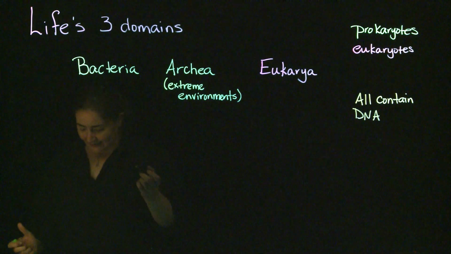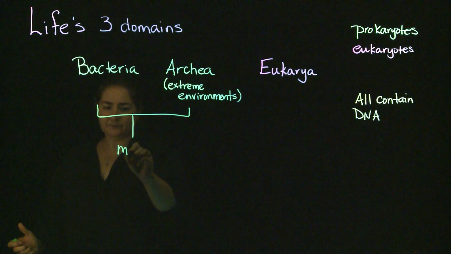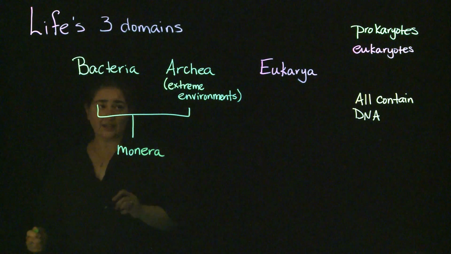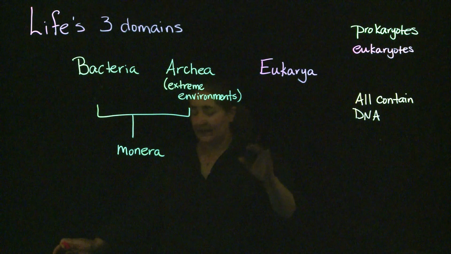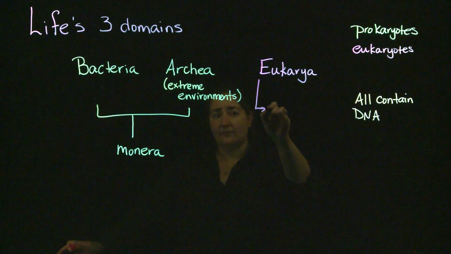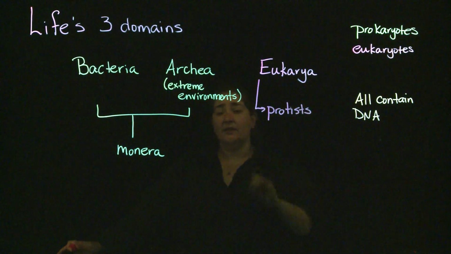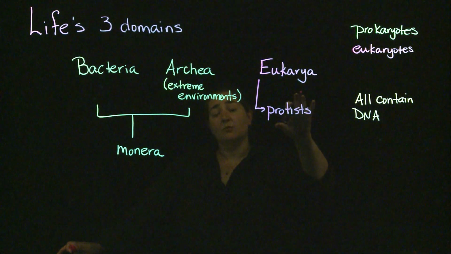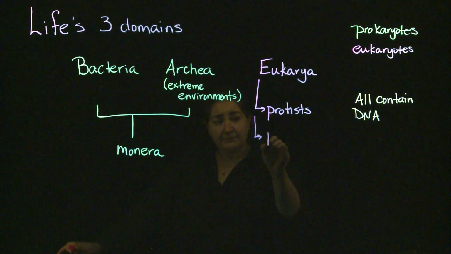So as far as our kingdoms go, we're going to have Monera, which is going to contain our prokaryotes. And then within our eukaryotes, we're going to have several divisions. We are going to have protists, all right? And as far as age goes, Monera and protists are going to be the most ancient organisms, all right? We've got plants.